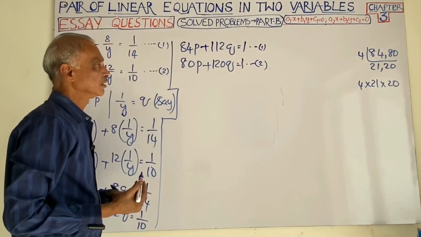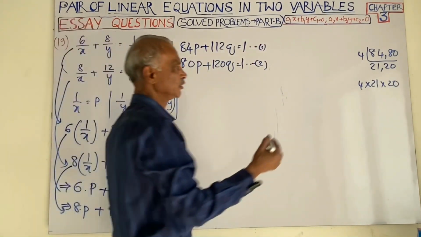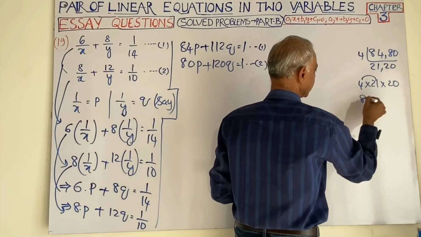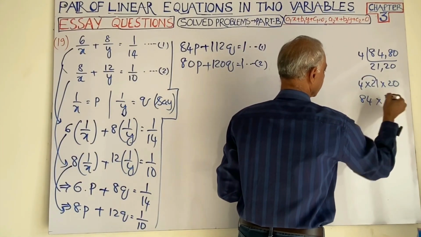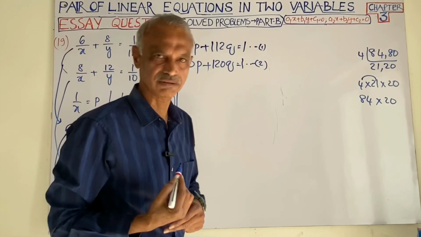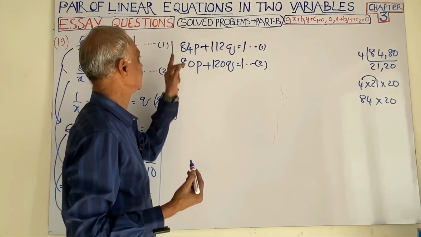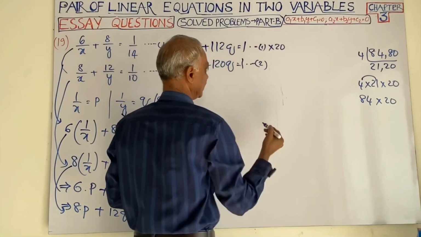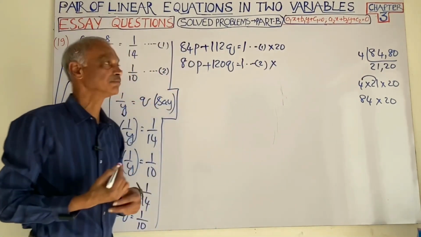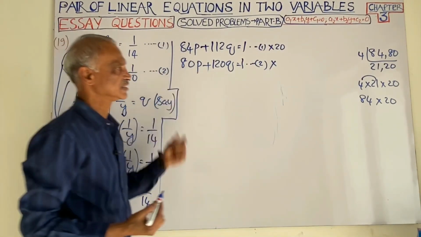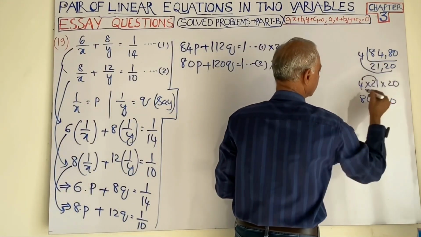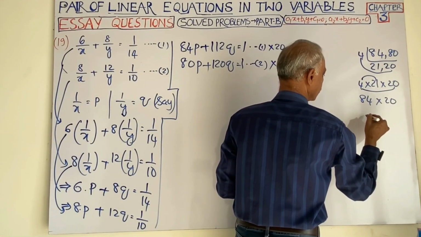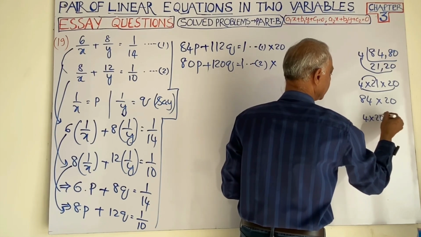Now you have to multiply 84. You multiply this with this, you will get 84 into 20. This is one of the techniques. You see 84 is there, you multiply it with 20, and by which number do we have to multiply? 80 is there. You see 4 into 20.